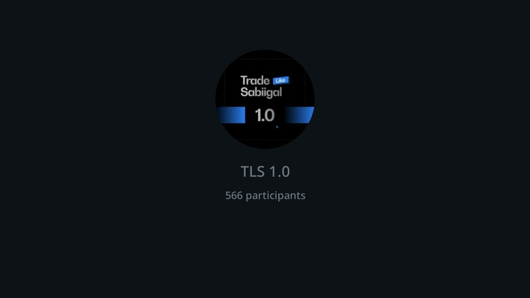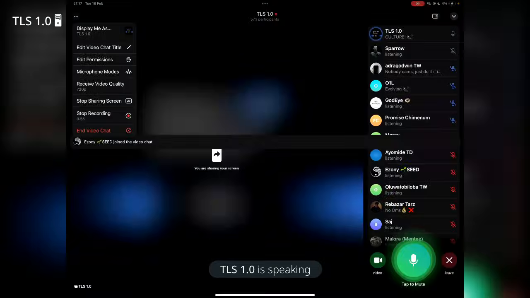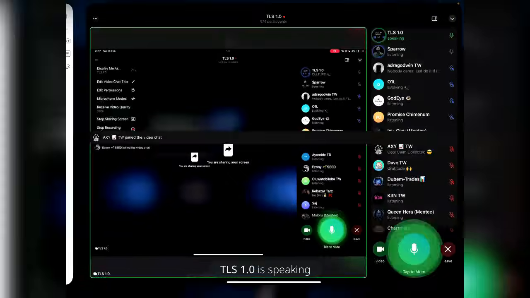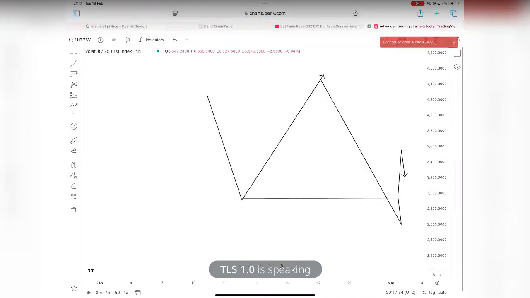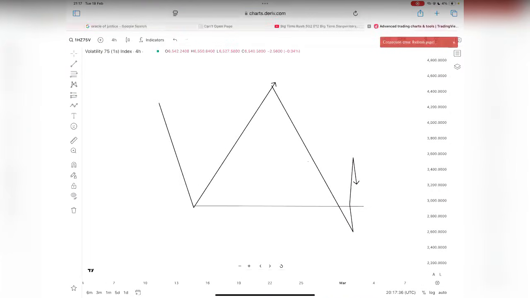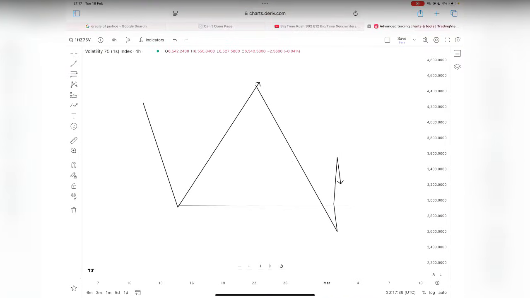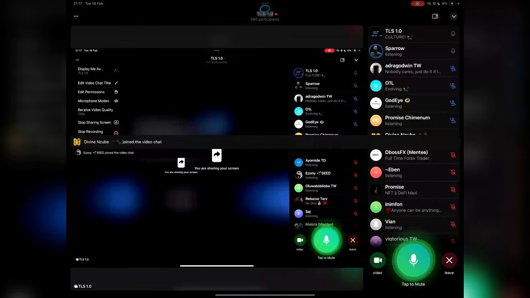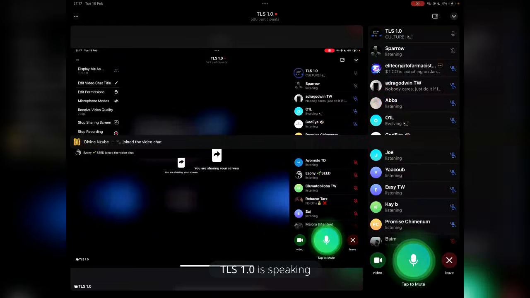Okay, can you see my screen? Is my screen not visible? It's not showing. Can anyone see the screen? Please drop a comment on the chat. You can't.